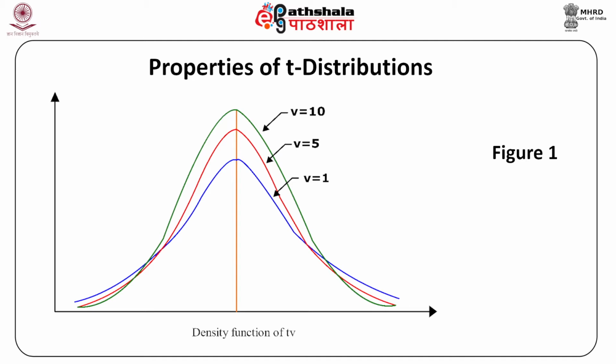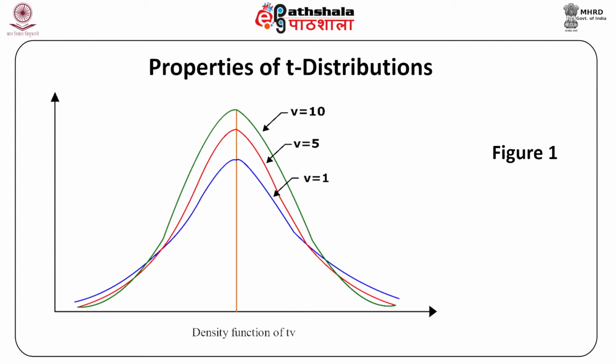Or we also use the Greek letter nu, which is written almost similar to v but different, and we read it as nu. And this in turn depends upon the size of the sample. The distribution is said to be completely specified if the value of the degrees of freedom is known.